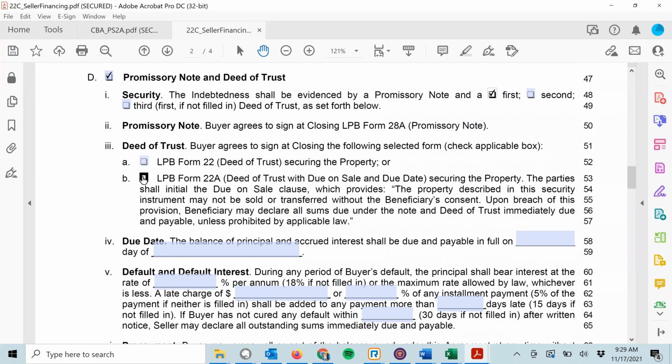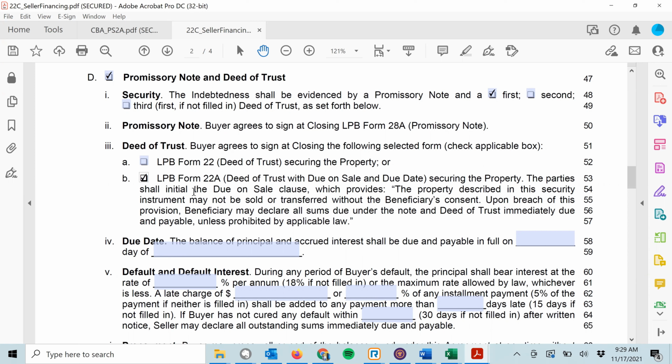If I'm the seller and I don't have a mortgage, I would want a due on sale clause. And I'll tell you the reason why. If I sell my house to Laine and then Laine sells the house to someone else, then I have now become the lender for someone else whom I don't know. And I've done no research.